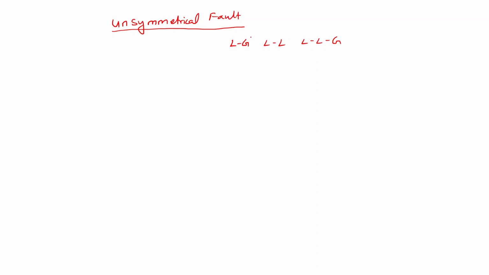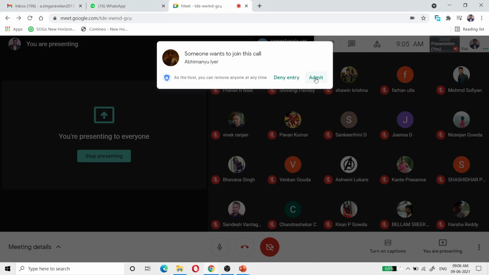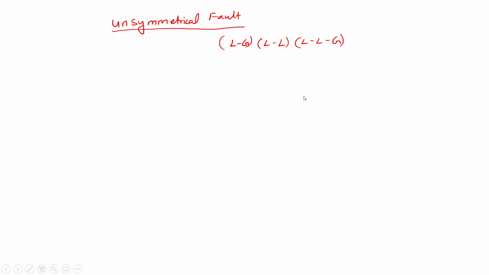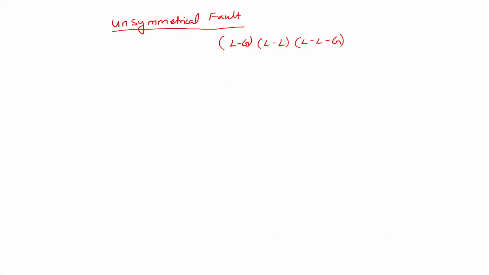These types of faults are known as unsymmetrical. Why? Because the current distributed during the fault occurrence of such faults is not symmetrical, so it is named as unsymmetrical fault.